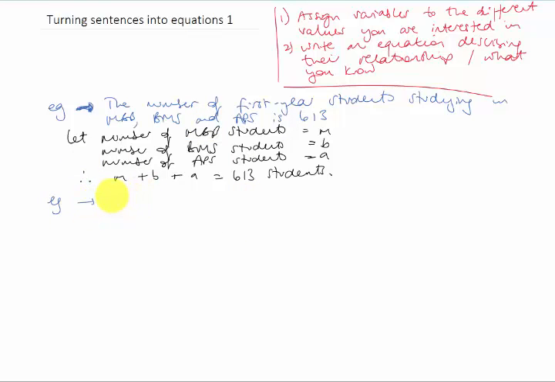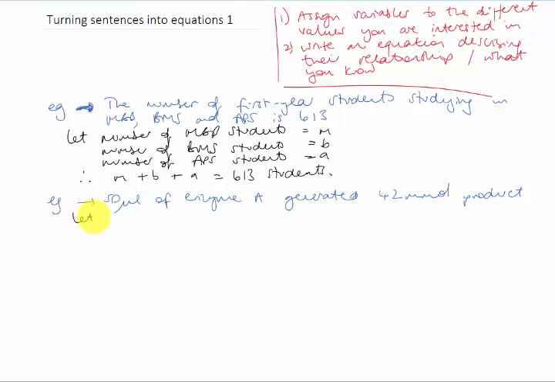About another example, so let's say that 50 microliters of enzyme A generated 42 millimoles of product. So what do we know?